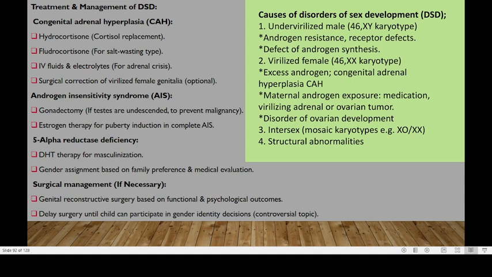Surgical management, if necessary, you could do genital reconstructive surgery based on functional and psychological outcomes. We need to delay surgery until the child can participate in gender identity decision, although this is a controversial topic to say.